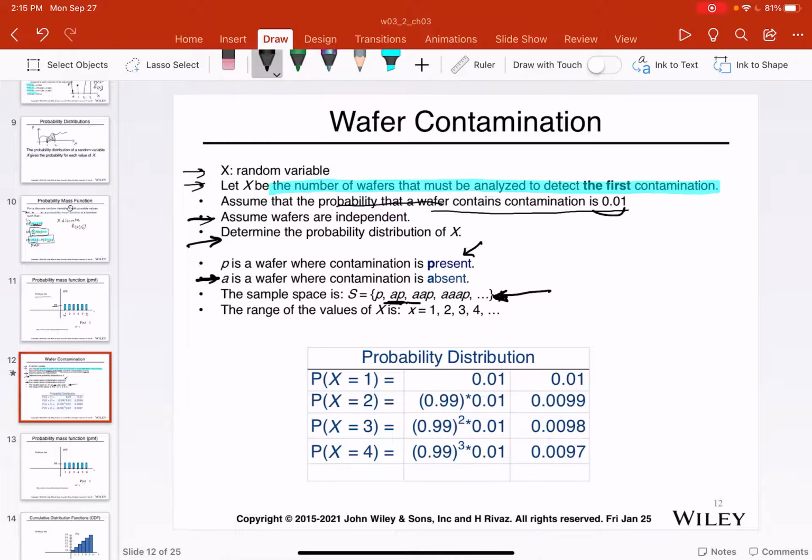The third element in this set means that you check two, both absent of contamination, you check the third one, contamination is present, so you abort the experiment, and so forth. The next one is going to be AAAP, and then AAAAP, and so forth.